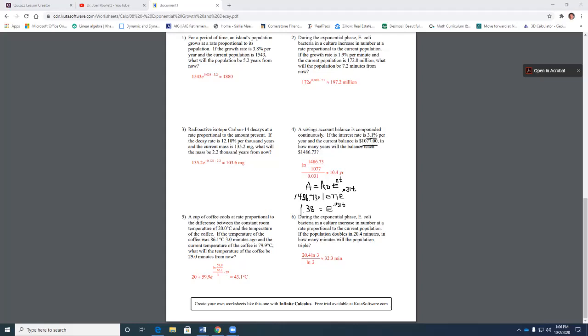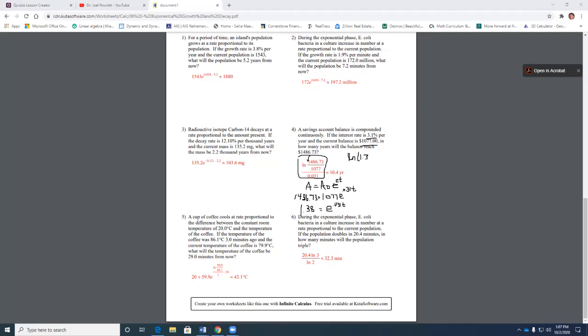Now, what do we do to get rid of the e? We have to introduce an ln, right? So I'm going to take ln of 1.38. Now, what the solution manual has is probably a better answer. Notice that they're leaving it in fraction form, where I actually rounded this off to 1.38.